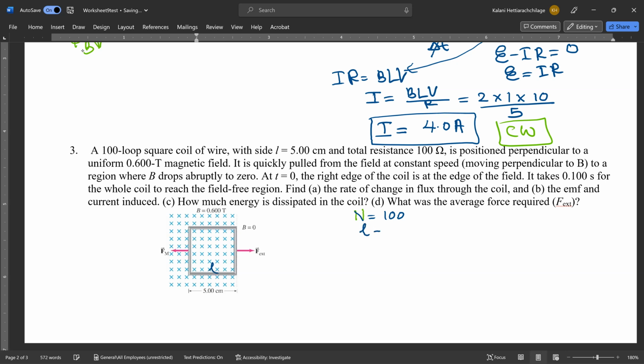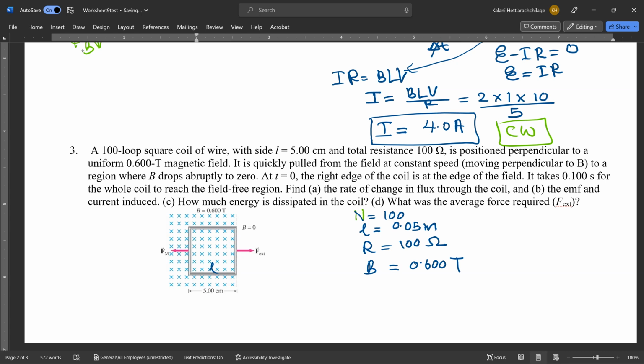L is 5 centimeters. I'm going to write it in meters, 0.05 meters. And then the resistance of the wire is R, that is 100 ohms, in a position perpendicular to the uniform magnetic field. B is inward direction, 0.600 Tesla.